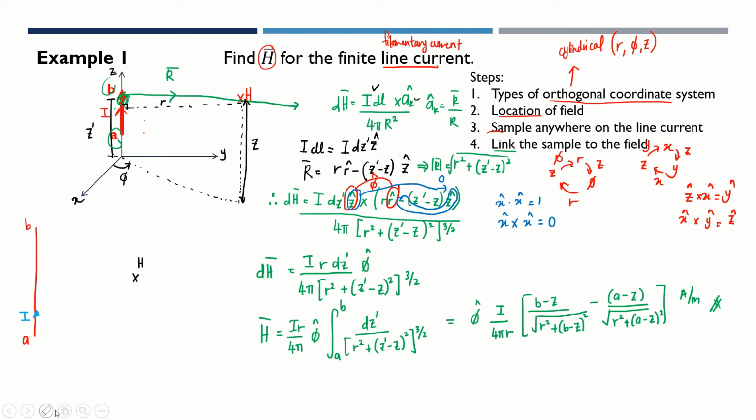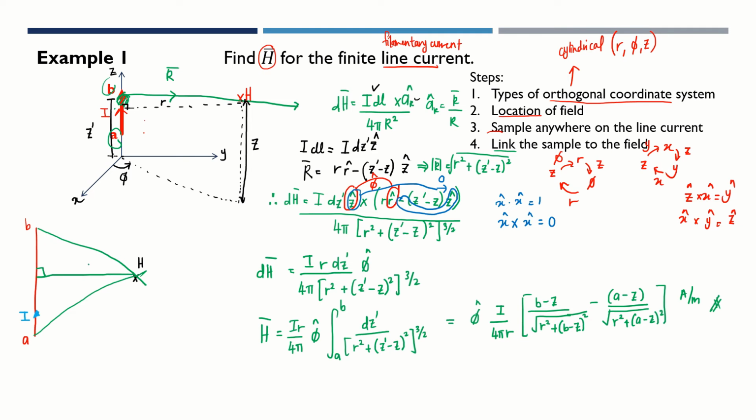I'm connecting A and B to point H, and please assume these are straight lines. From here you can see this is like a triangle. We are taking a straight line from the line current to H, so this is the orthogonal, normal line.